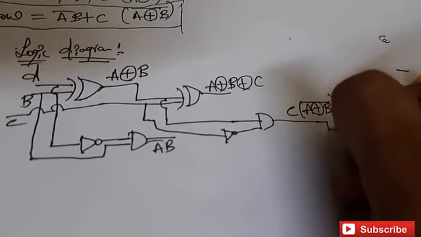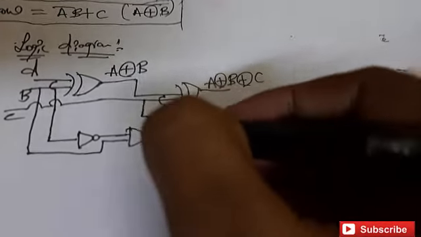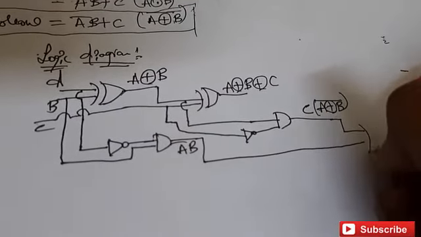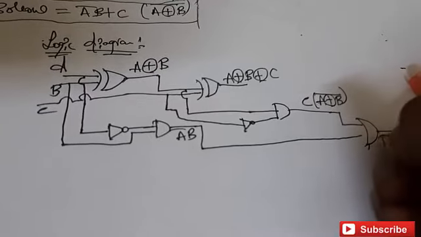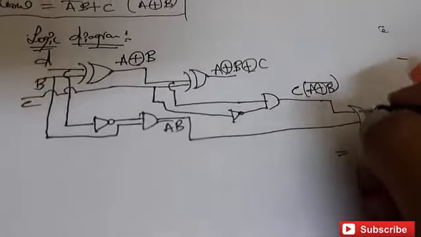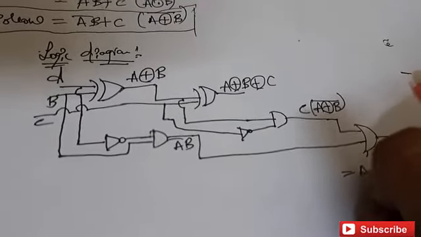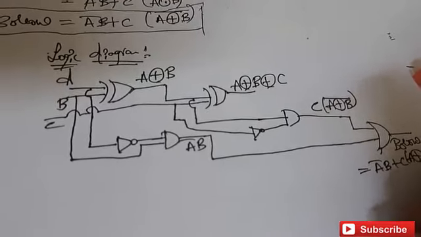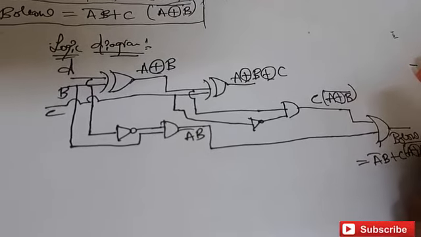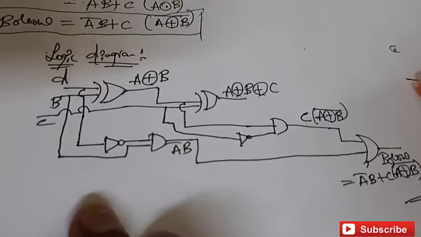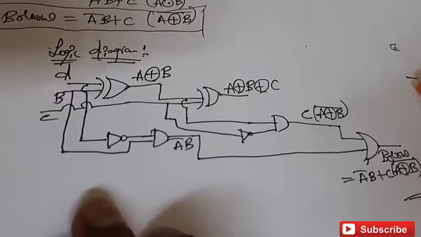Now this will be given to the OR gate. Hence this will become the borrow. You already got that expression: A bar B plus C into A XOR B whole complement. In this way we can implement the full subtractor using half subtractors. In the next lecture we will see the comparator. Thank you.